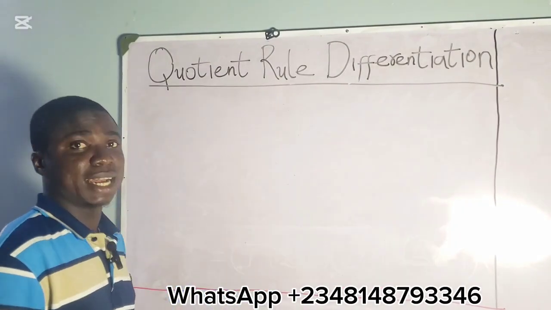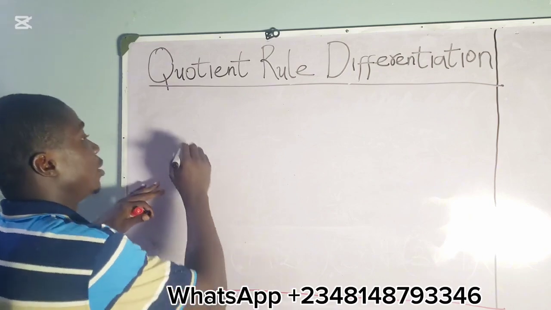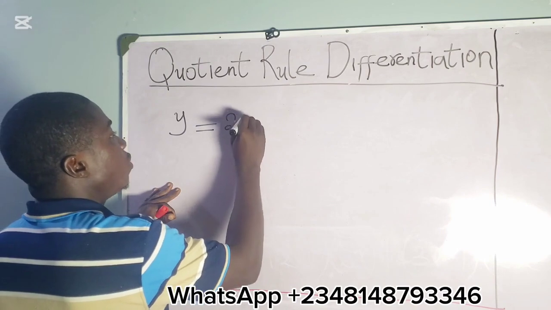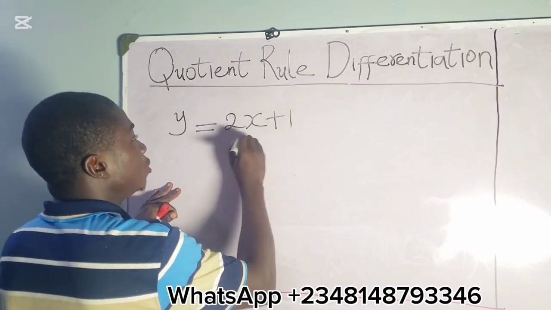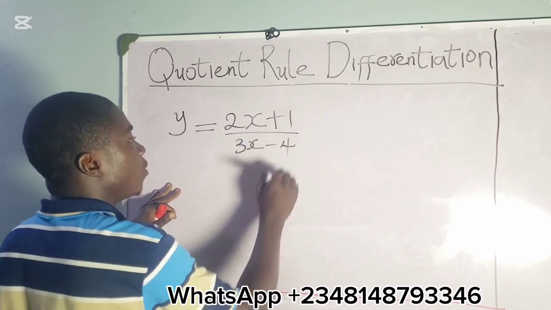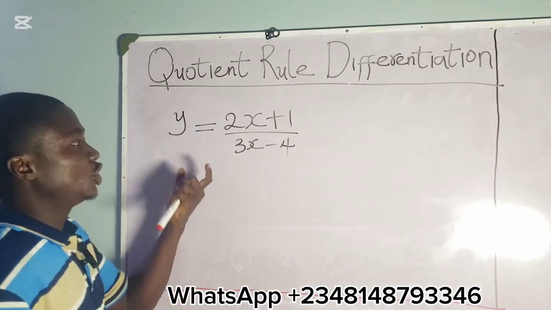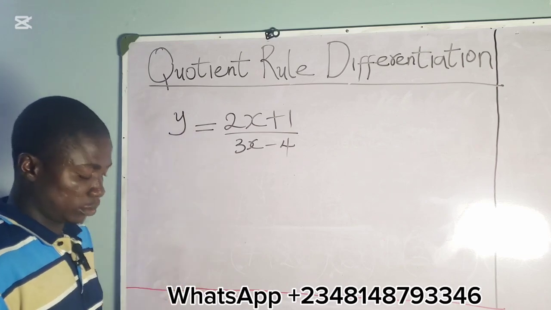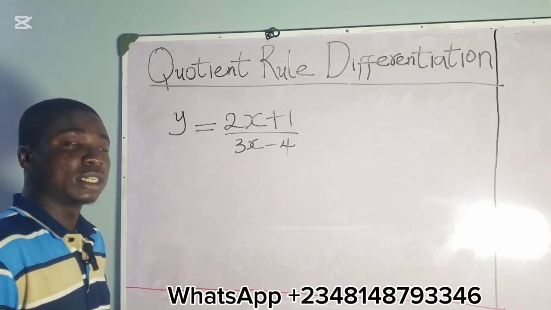All right, so let's take an example. If y is equal to (2x + 1) all over (3x - 4), and we are asked to differentiate y using the quotient rule. Now, take note of this.